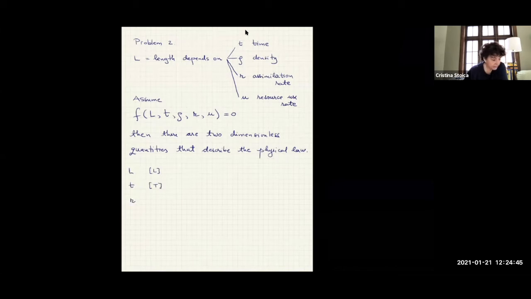For R, they actually tell us what it is: assimilation rate, mass per area per time. So it's mass per area, over area per time, over time.